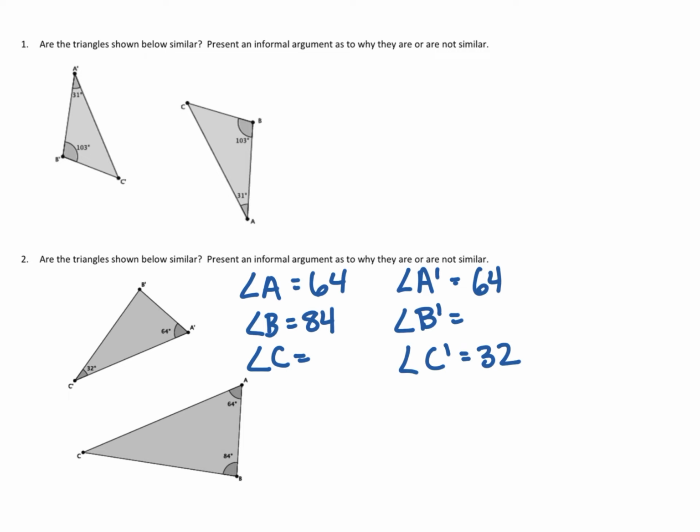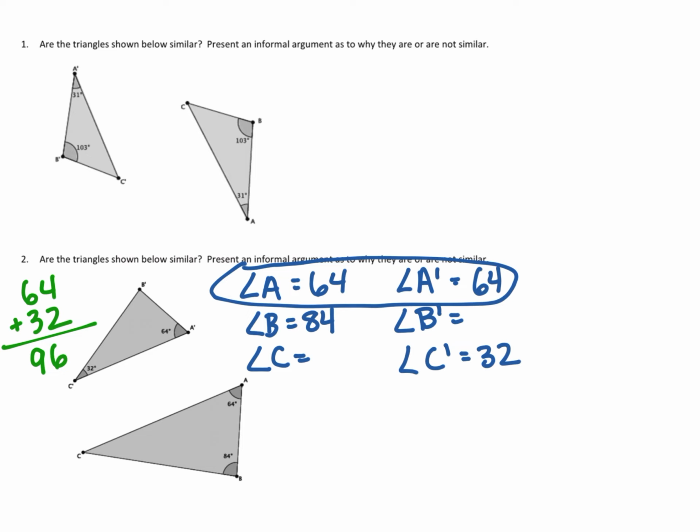We need to solve for one of those missing angles to determine if two of them match up. We already have one, but we need to determine one of those missing angles to figure out the other. So if I add 64 and 32 together, that gives me 96. To get to 180, I need to figure out what that missing piece is.